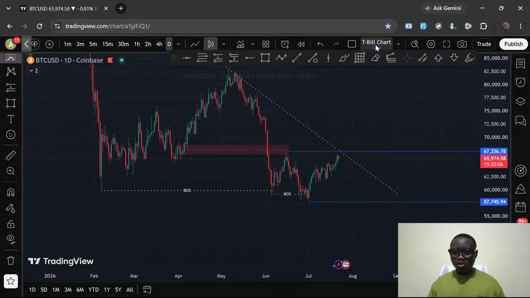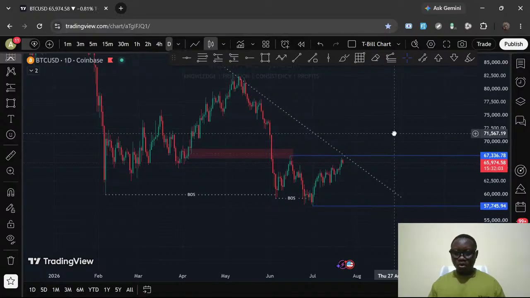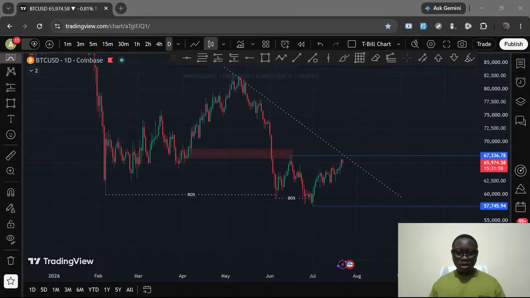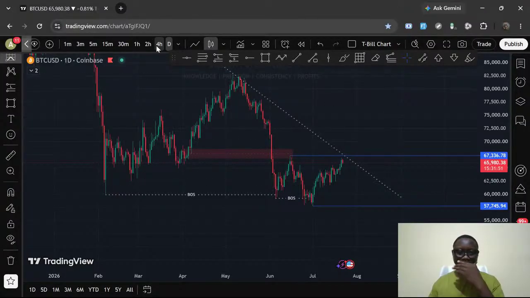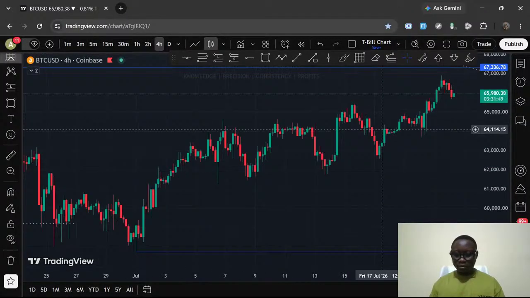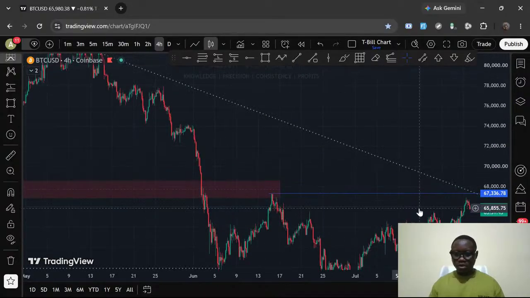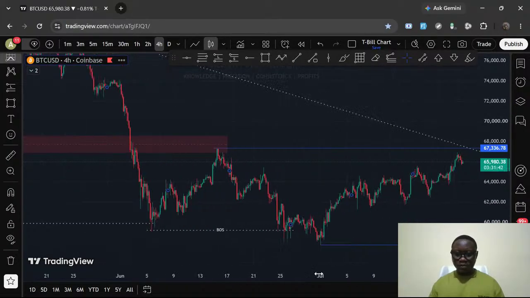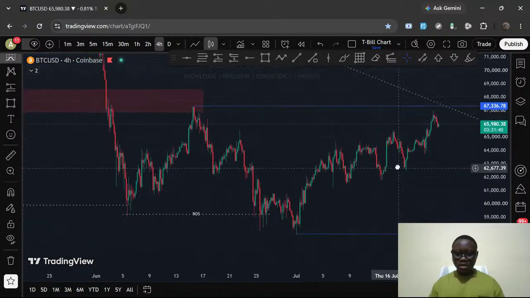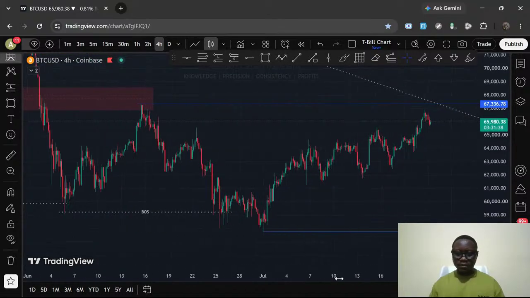So what I want to do is drill down to the 4H time frame and identify other zones. On the 4H time frame, what do we have?